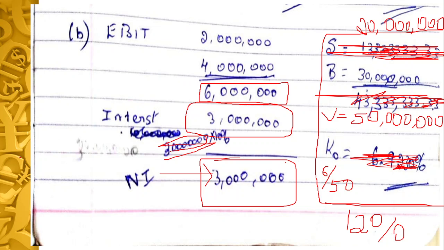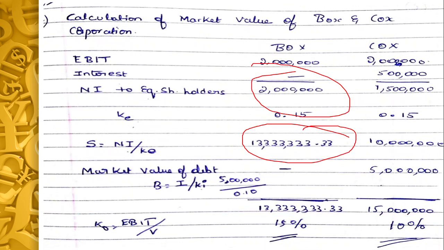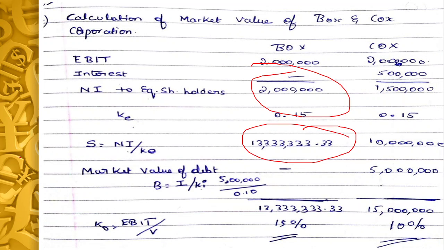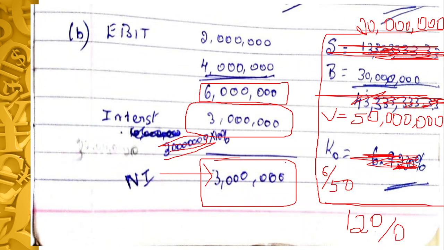Like in the second problem, we said because the debt portion increased, the cost of capital decreased and the value of the firm increased. But here, you have employed 30 million of debt, but then what has happened to the total cost? Decreased or increased? Whether it is proper, because you increase the debt, the total cost of capital has decreased.